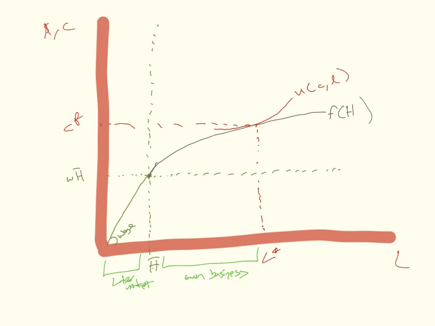And similarly, 0 to W times H bar is the consumption that owes to wage work, and then W times H bar to C star is the consumption that owes to the business. And the marginal product of labor here then depends on the choice of where to produce. The marginal product of labor depends on the marginal utility of consumption and leisure. So again, production decisions in this model depend on consumption decisions. So it is, again, a non-separable framework.